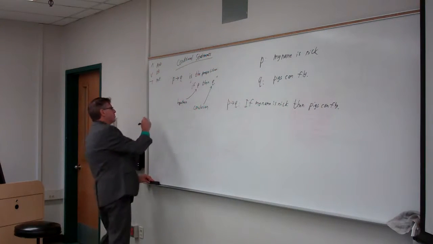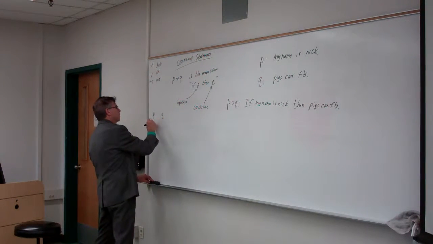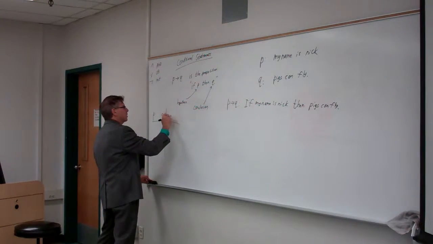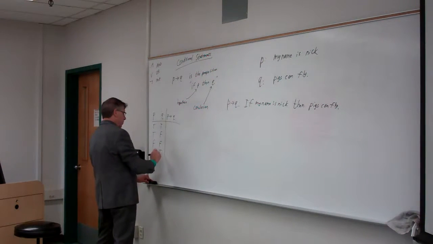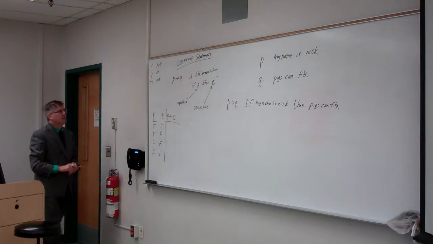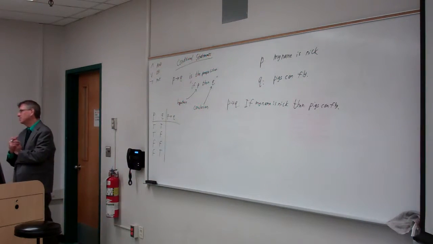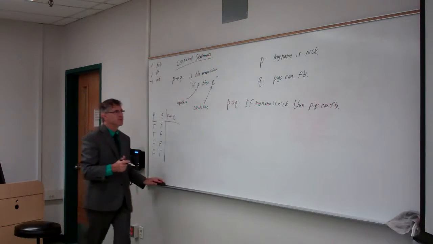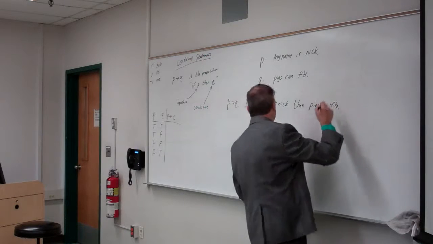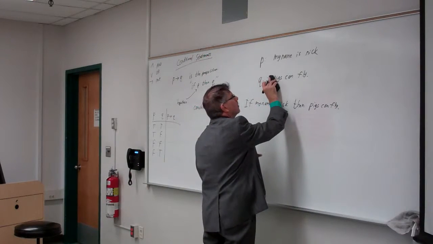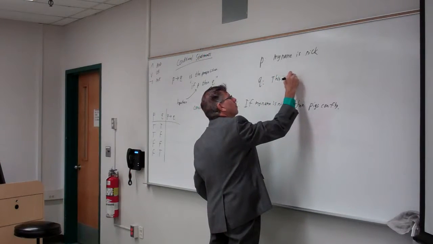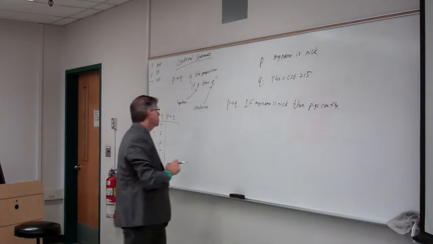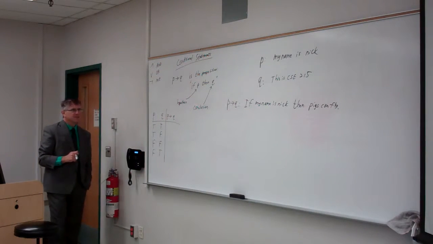And so we can try to make a truth table for this. So suppose P is true. And suppose Q is true. So let's say Q is, this is CSE 215.